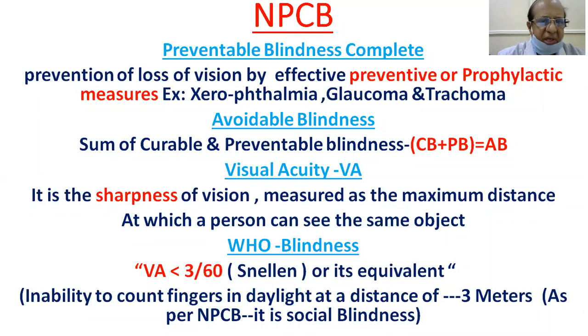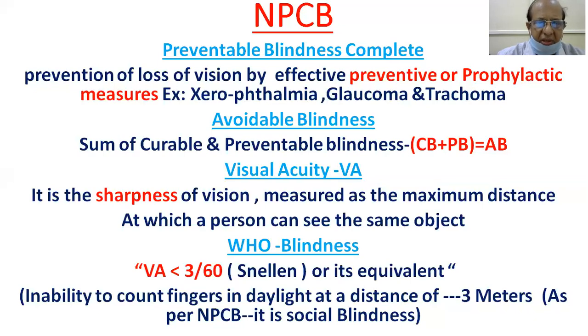Visual acuity. It is the sharpness of vision, measured as the maximum distance at which a person can see the same object. So the object should not be changed when the visual acuity is tested.